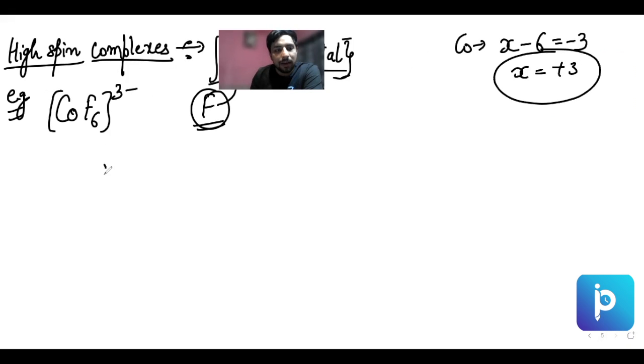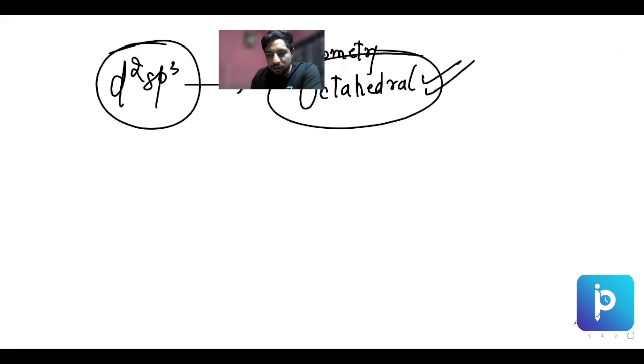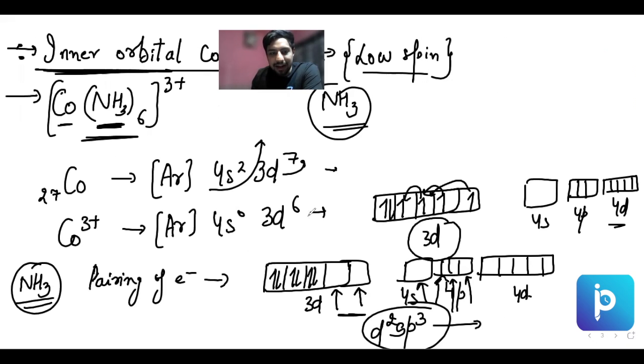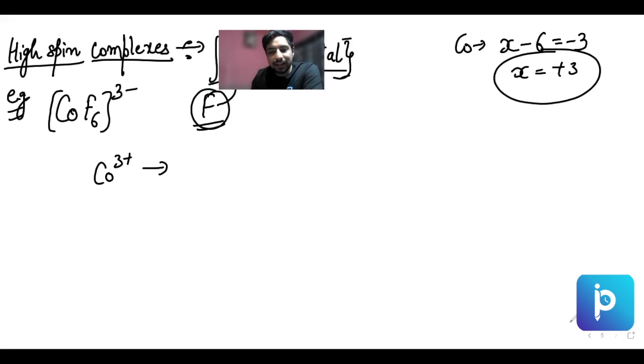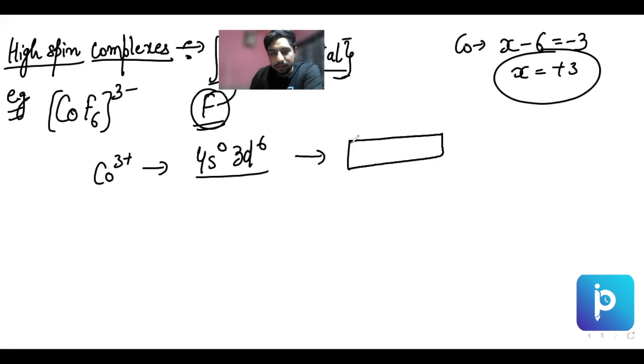Cobalt is again in the plus 3 oxidation state. As it is in the same plus 3 oxidation state, it again has 4s0 and 3d6 electrons. So cobalt 3 positive means 4s0 and 3d6 is the configuration. We will draw it like this.